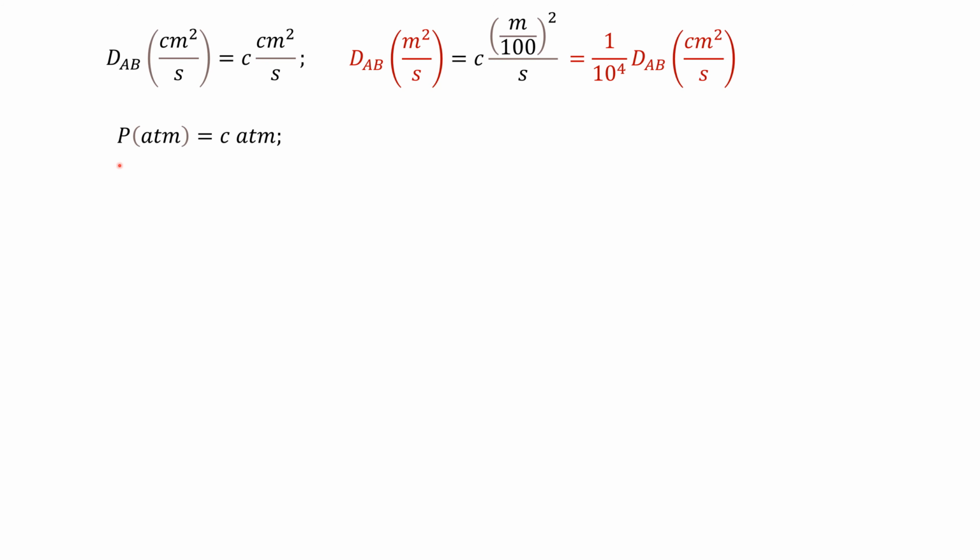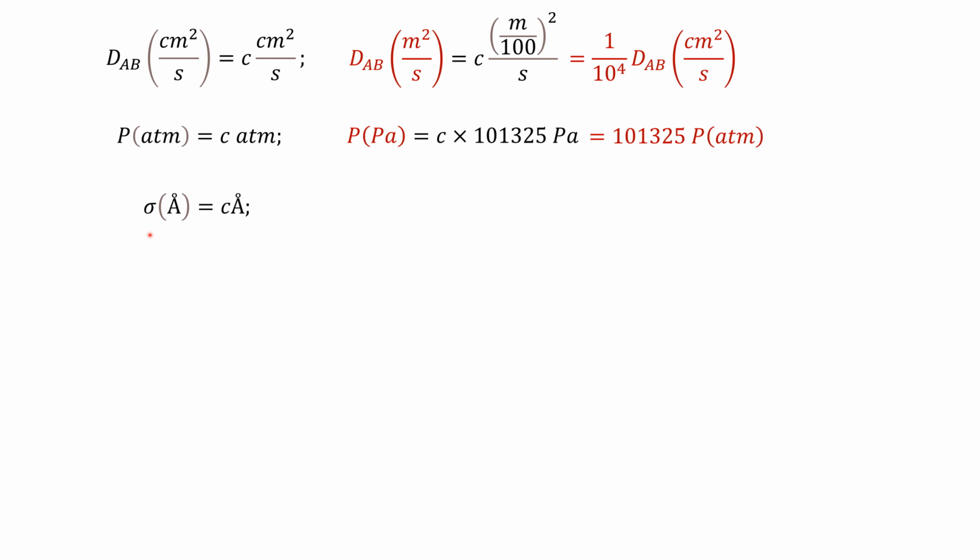Now in the same way we can assume P in atmosphere equal to some constant. Now we can convert this atmosphere to Pascal and we can correlate the pressure in Pascal and pressure in atmosphere.